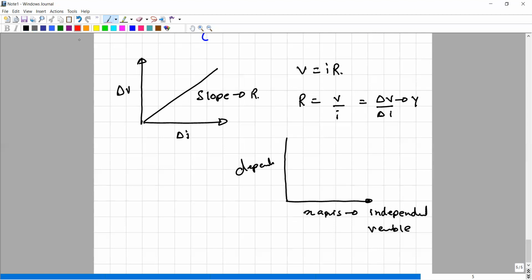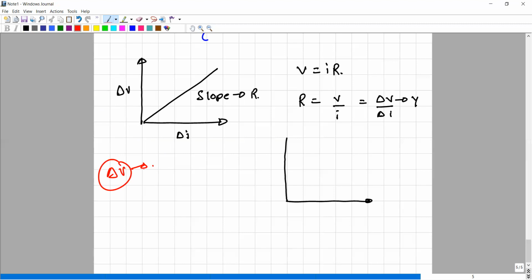And here we know that potential is the independent variable and current is the dependent variable. If you don't know this, we will discuss this idea in this chapter and the next chapter also, that potential is an independent variable. It is very simple to understand.